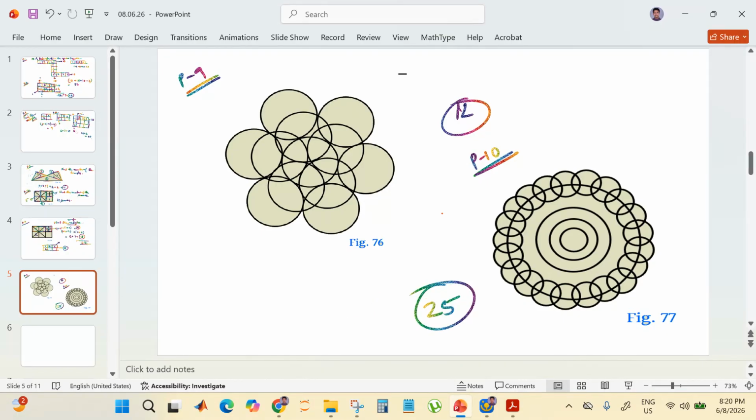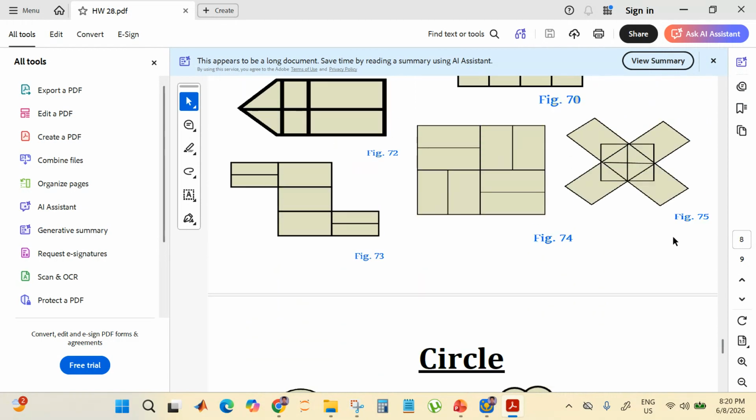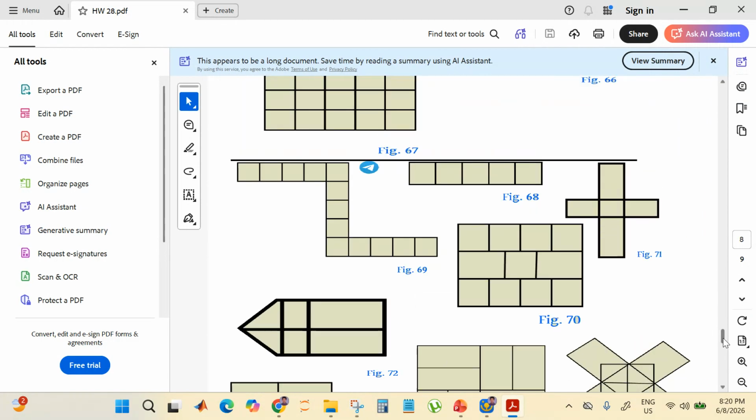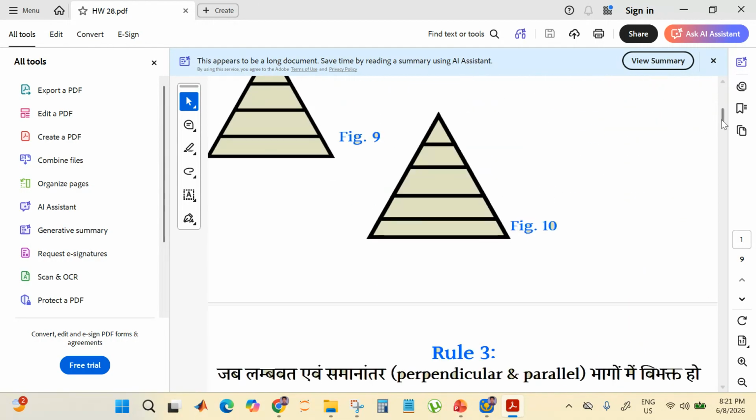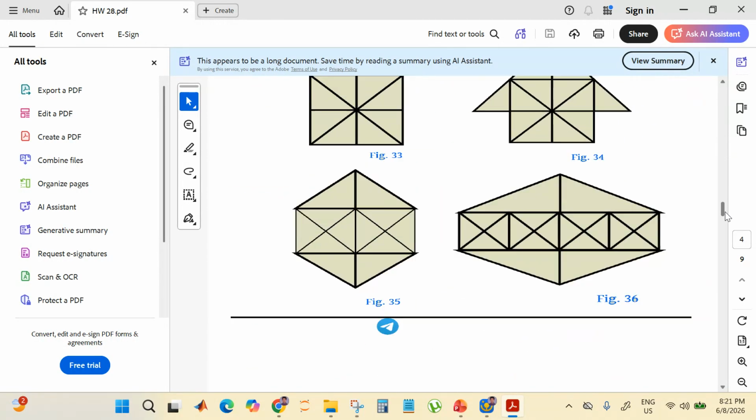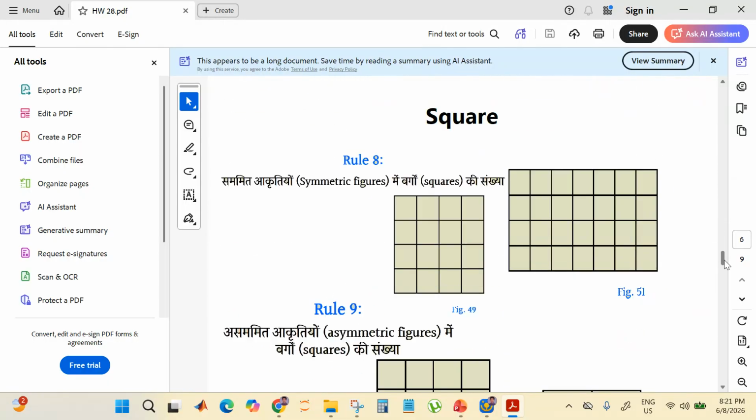But this type of numerical is generally not asked. You have to focus up to homework number 75. So I will send the answers separately.